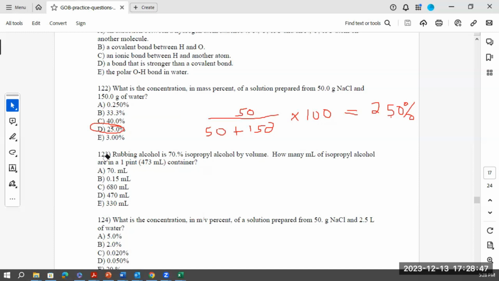How many milliliters of isopropyl alcohol are in a pint, which is a 473 mL container, if it's 70% by volume? So we want to know how much pure isopropanol we have.